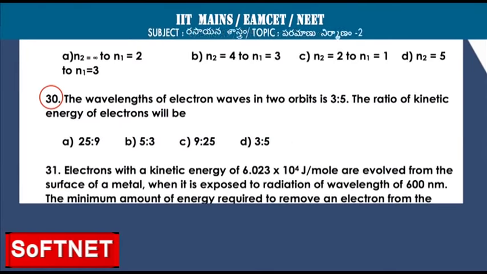30th question, the wavelengths of electron waves in two orbits are given as 3:5. The ratio of kinetic energy of electrons will be. The kinetic energy and wavelength are inversely related. According to de Broglie's wave equation, lambda is inversely proportional to square root of KE.